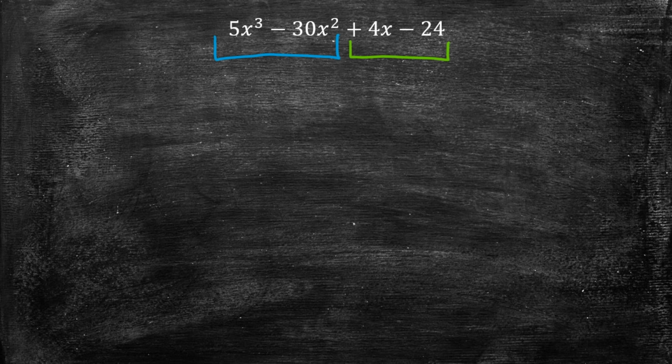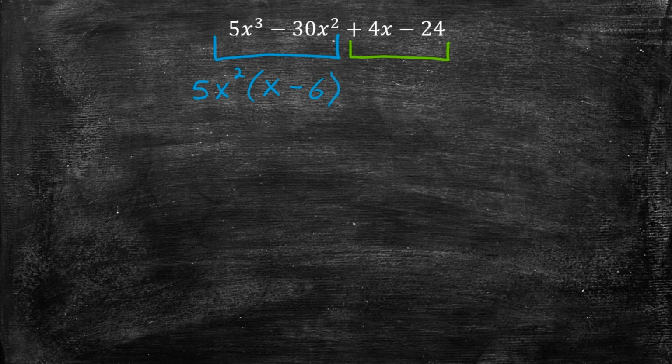So 5x cubed minus 30x, I can factor out a 5, and I can factor out x squared, since 5 goes into both of those numbers, and there is at least an x squared in each of those variables. So if I factor that out, what I get remaining is x minus 6, just like that.